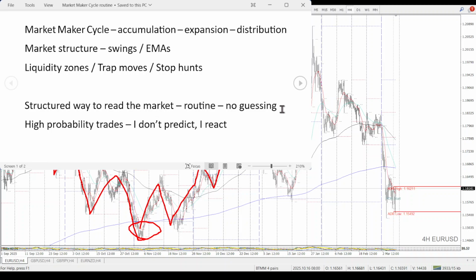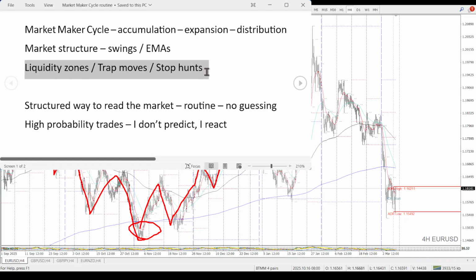So I have a high probability that we are going up or down, and I am looking only for buys or for sells. And I'm looking for liquidity zones or trap moves or stop hunts, call it whatever you want, so I can enter at a good price in the market.